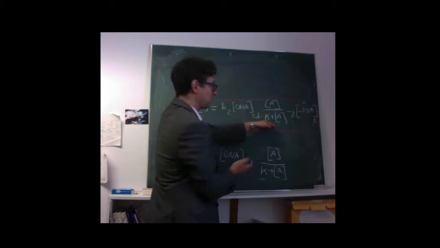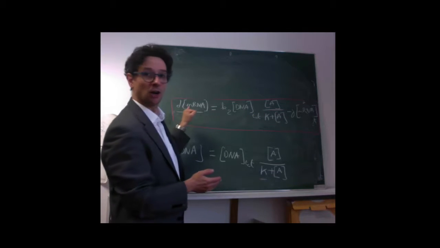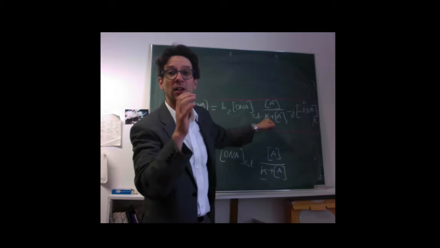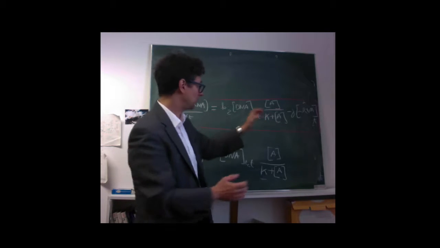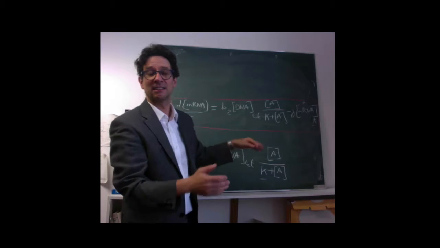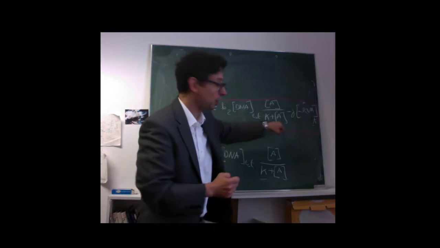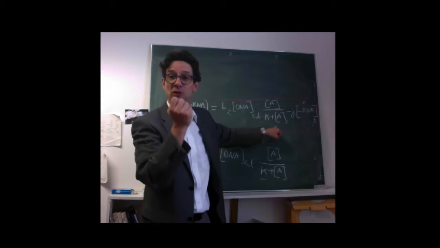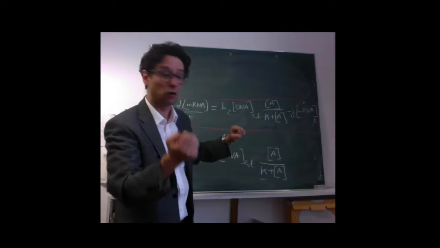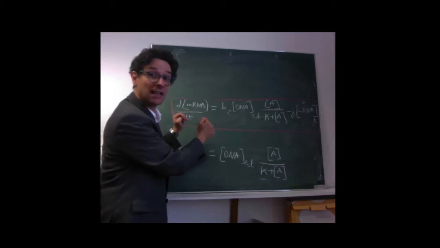This function here gives us the rate of gene expression depending on the concentration of the regulator. This function here can be seen as a transfer function between the input, which is the transcription factor abundance, and the output, the level of gene expression.